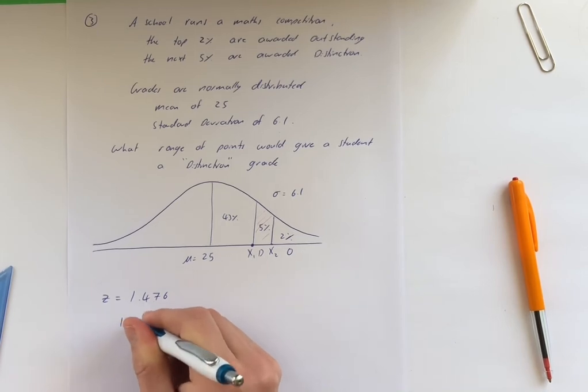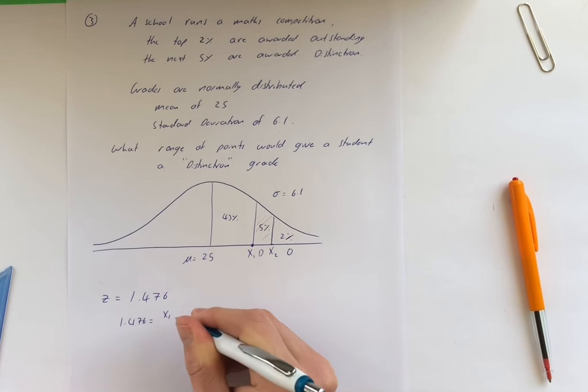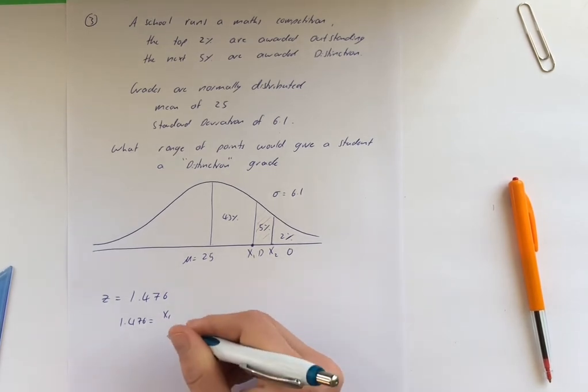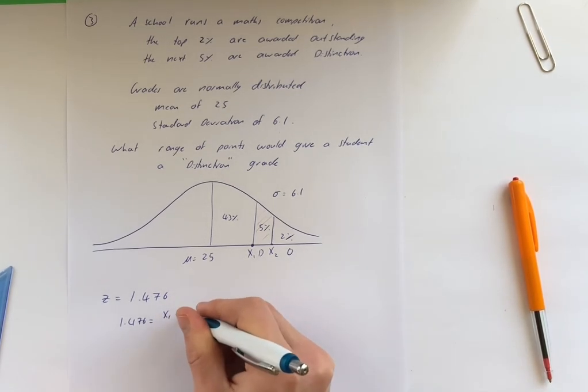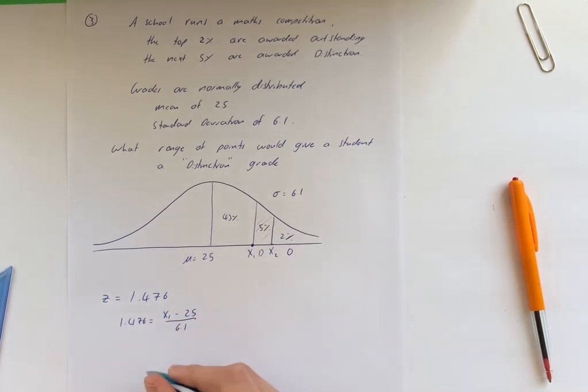So 1.476 is equal to that unknown value x, so I'm going to call it x1 because we're trying to find a range of values, minus the mean all over the standard deviation. Now I'm just going to rearrange for the x1.